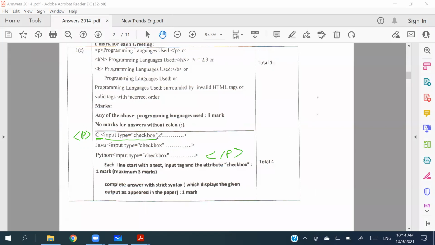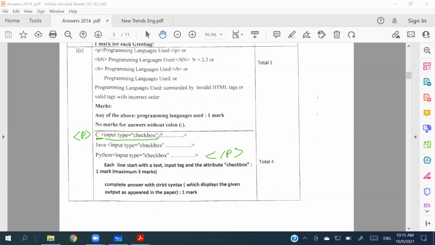They are not concentrating on the value and the name. But remember, when you are writing a code segment, don't forget the name. Value, of course, you can forget in some places. But when it comes to checkboxes and radio buttons, it's better you put the value as well. So type, name, value.